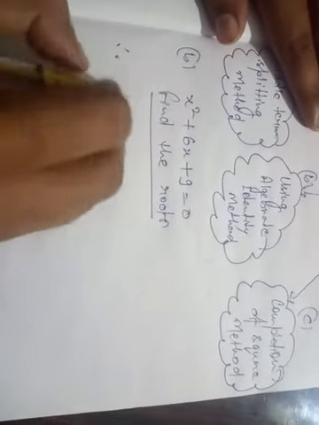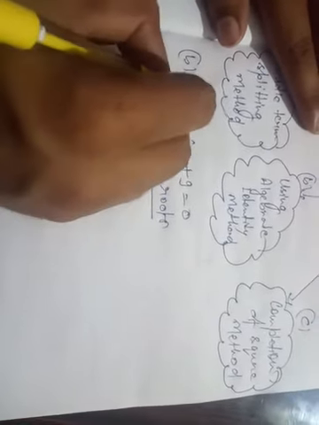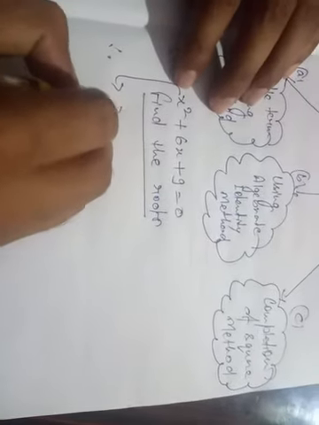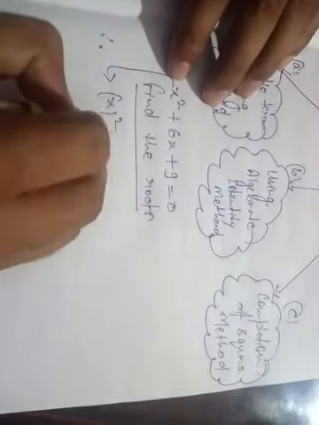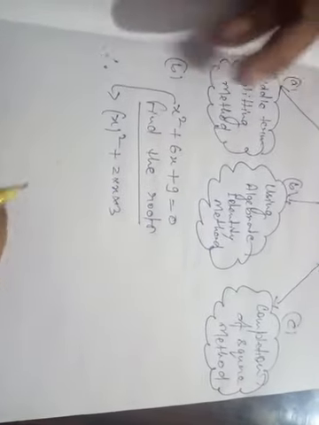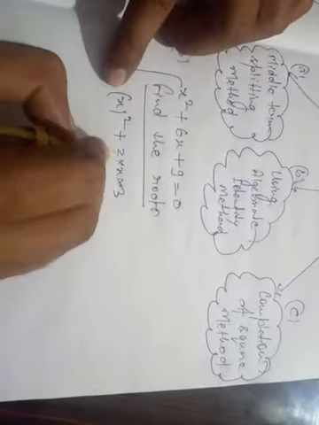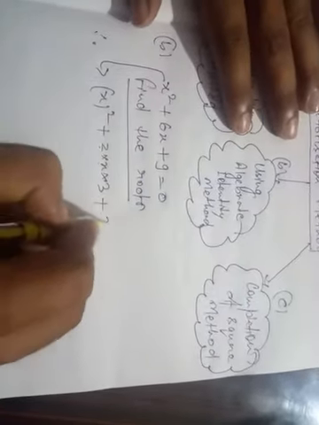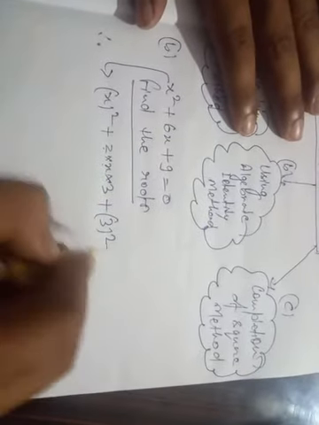Hence, by using the identity, you can just write here x square, this is whole square of x, plus here you can write 2 into x into 3. That is quite clear that 2 threes are 6 into x, that will be 6x. There is no problem. But 9 can be whole square of 3, that is equal to 0.